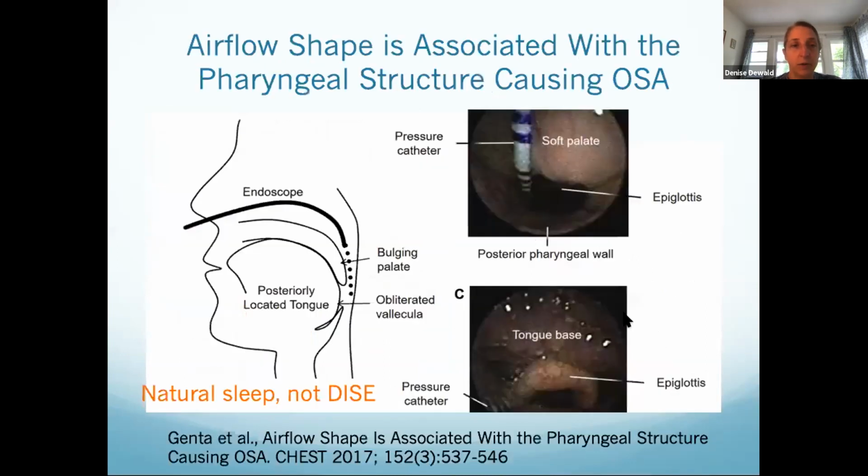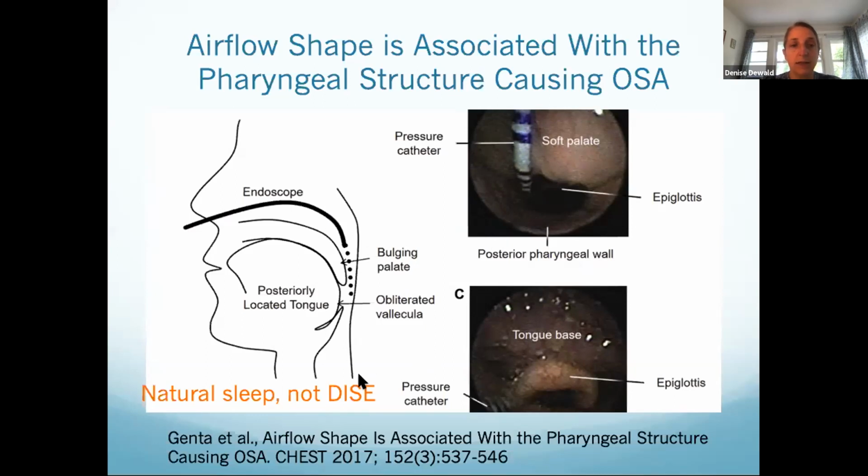When you're doing this nasendoscopy, you're sticking this endoscope down the floor of the nose to the back of the nose, and then you can see the soft palate, the posterior pharyngeal wall, and then the epiglottis is down here. So here's the tongue base, and the epiglottis is right up against the tongue base.